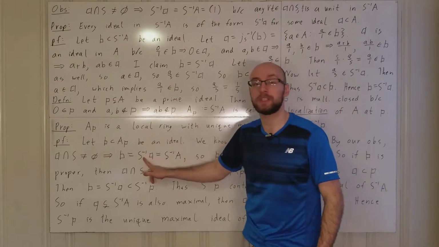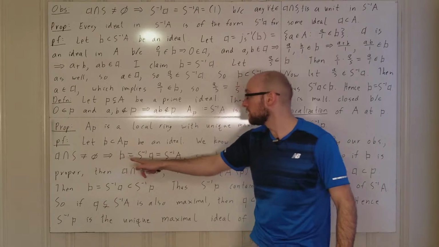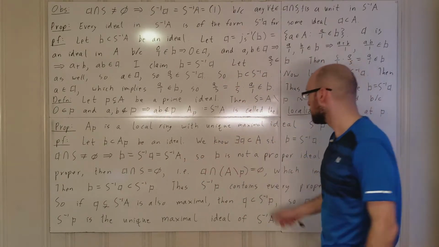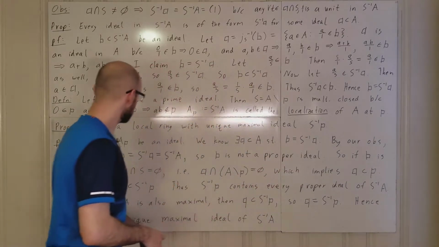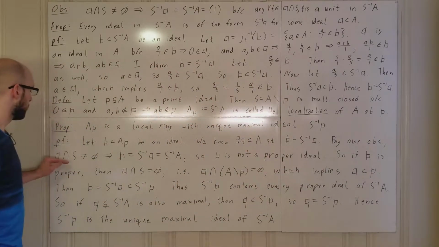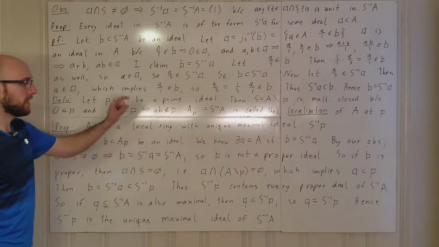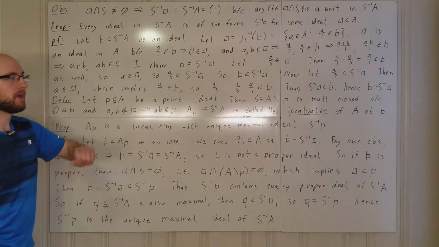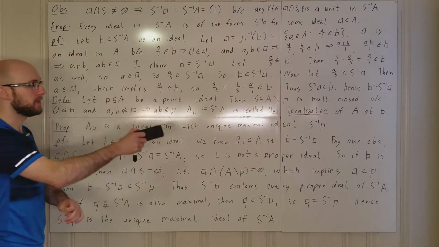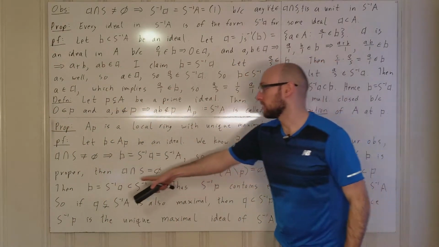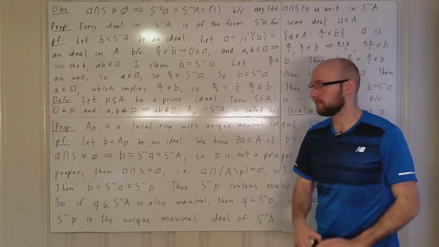But S inverse fancy A is B. So B equals S inverse A. And so in this scenario, B is not a proper ideal. So if fancy A intersects S non-trivially, then B is not a proper ideal. Contrapositively, if B is a proper ideal, then the intersection of fancy A with S is empty.